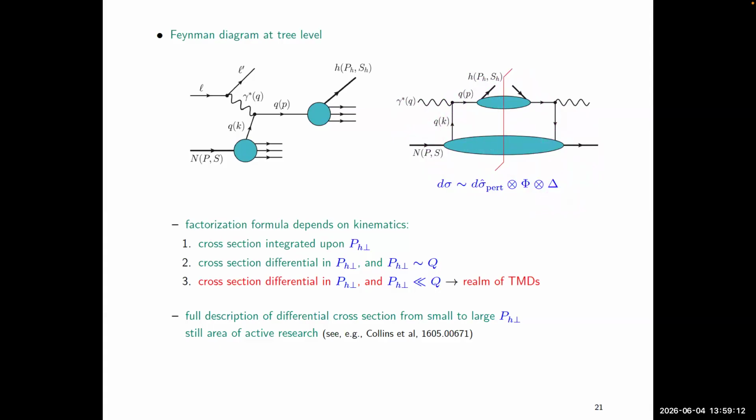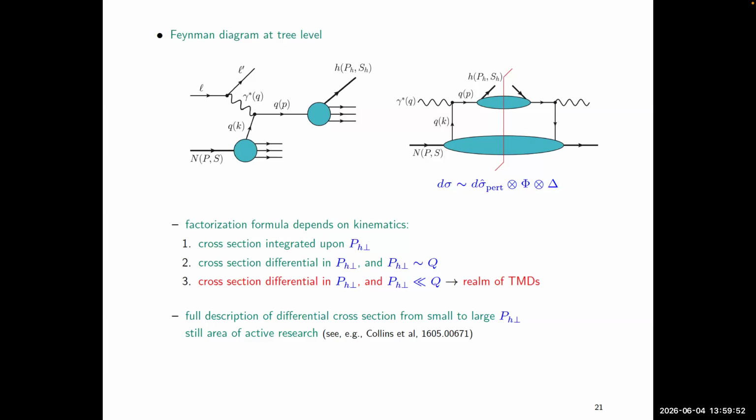If you now try to analyze the SIDIS process theoretically, people distinguish 3 cases. The first one is we look at the cross-section integrated over the transverse momentum. The second one is we keep it differential in the transverse momentum, but the transverse momentum is of the same order as the hard scale of the process, which is Q. And the third one is the one we are interested in, differential in the transverse momentum, and that transverse momentum is small compared to Q. If you look at the cross-section as a function of the transverse momentum, it is the last region where the bulk of the cross-section is sitting.